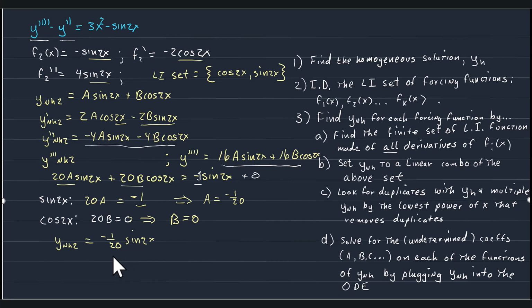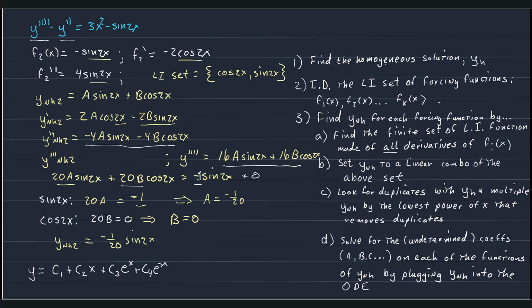And so now we can write our general solution. Our general solution is y, and the first part is our homogeneous solution, which was c1 plus c2x plus c3 e to the positive x plus c4 e to the minus x.